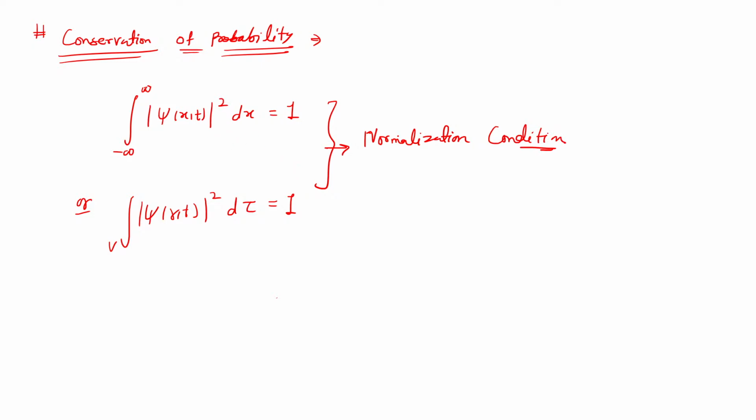This is analogous to normal probability conditions, like you know very well that the integral from minus infinity to infinity of p(x), the probability density, dx should be 1, or you can say the summation of all the probabilities should be 1. Conservation of probability should always happen. Okay, do write this. If there is any doubt, you can ask.